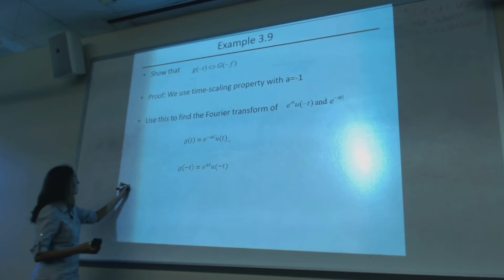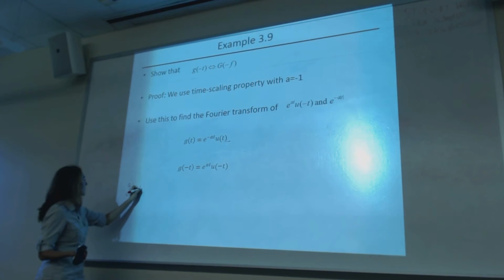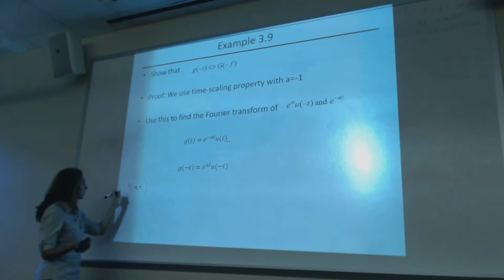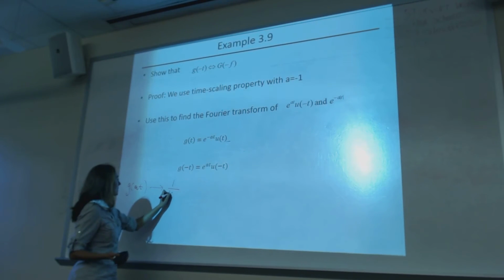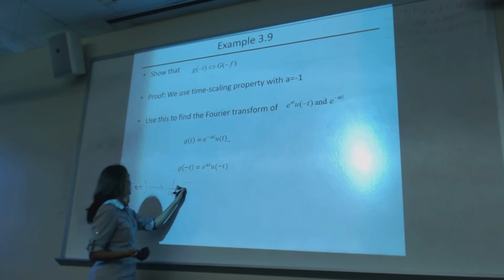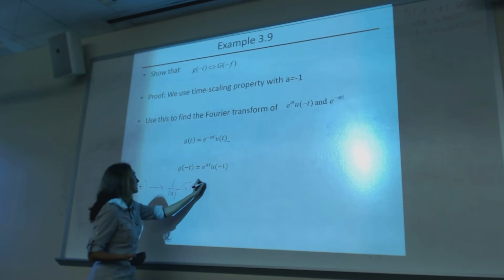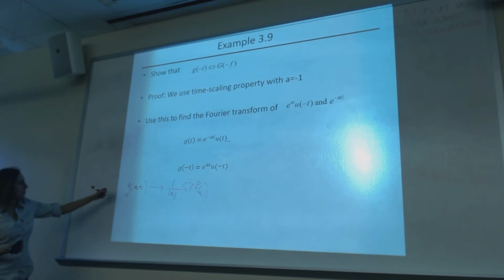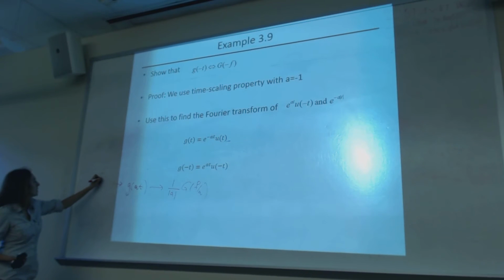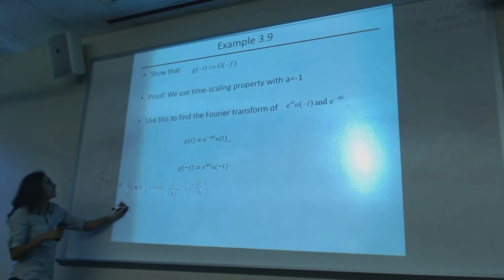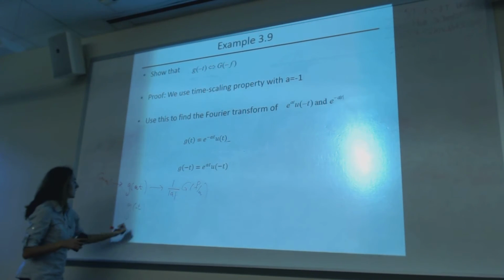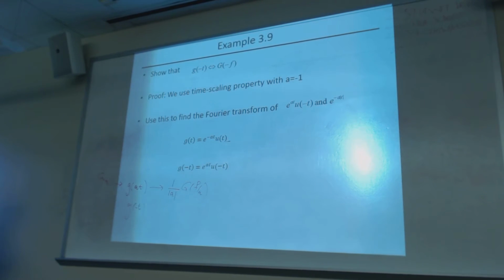We don't need to include it separately because in general we know that g of at is mapped to 1 over the absolute value of a, G of f over a. So I know that this is the general case. Now if I have g of negative t, what's a here? Negative 1.